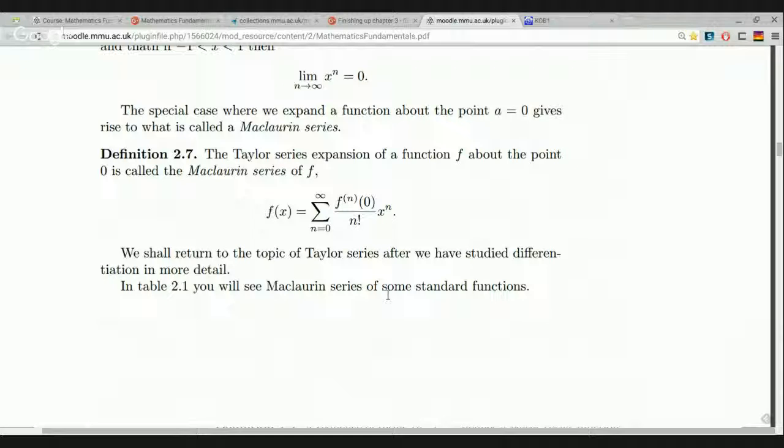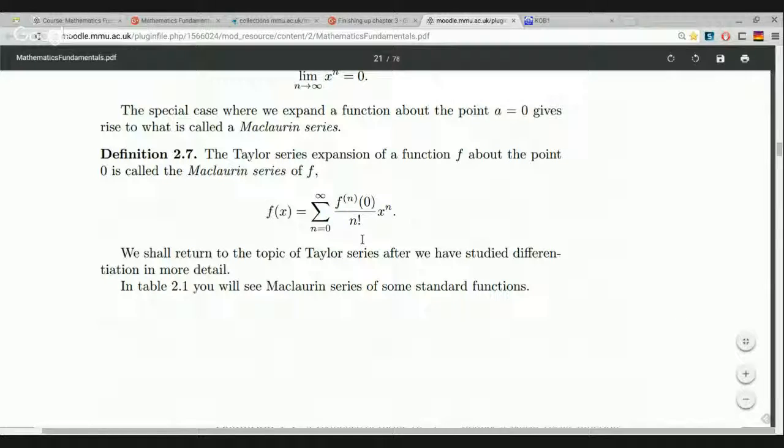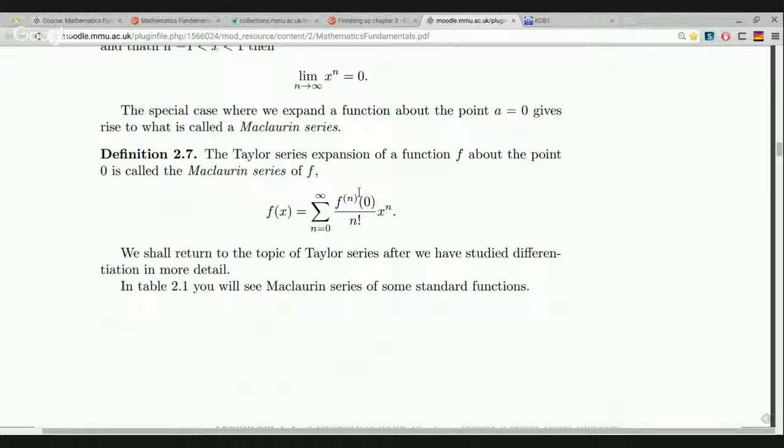So it's going to be an infinite series for a function f. You recognize that as an infinite polynomial because it's the sum of these terms x to the power n, and n is going from 0 up to infinity. And the coefficients multiplying it are these quantities here, f with n in the superscript in brackets. So that refers to the nth derivative. The 0th derivative of f is just the function f itself.